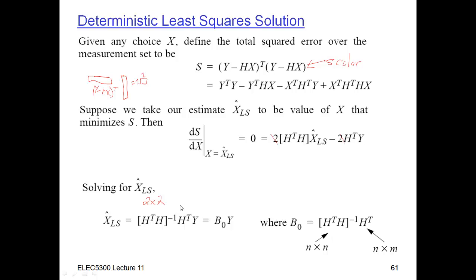And then this one here will be 2 by 3. So this is a small 2 by 2 matrix, multiplying a 2 by 3 matrix, and then y will be 3-dimensional. So this whole thing B0 will be 2 by 3.